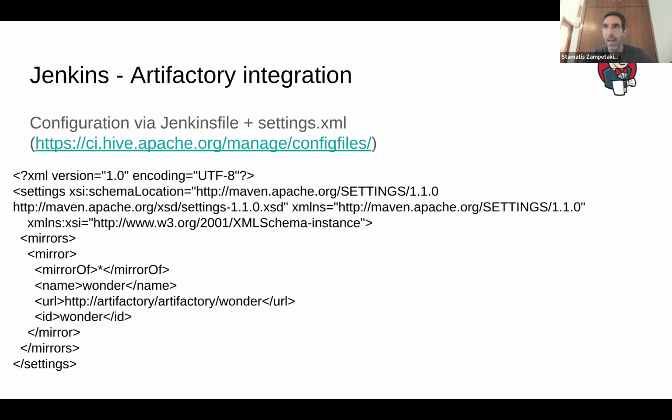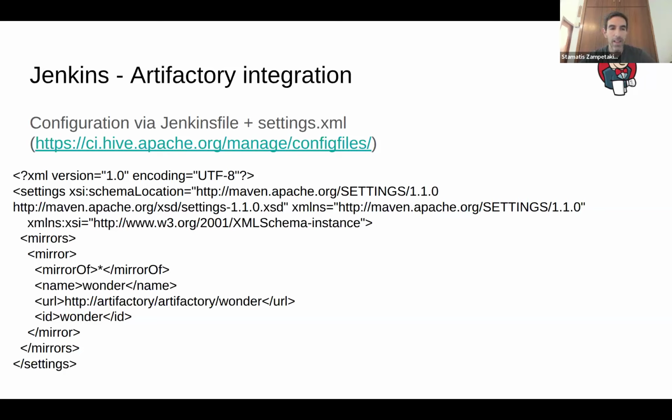Basically, in order to tell the pre-commit job to only fetch artifacts from there, we have a settings XML file that can be found in Jenkins at the following URL that I have put there.